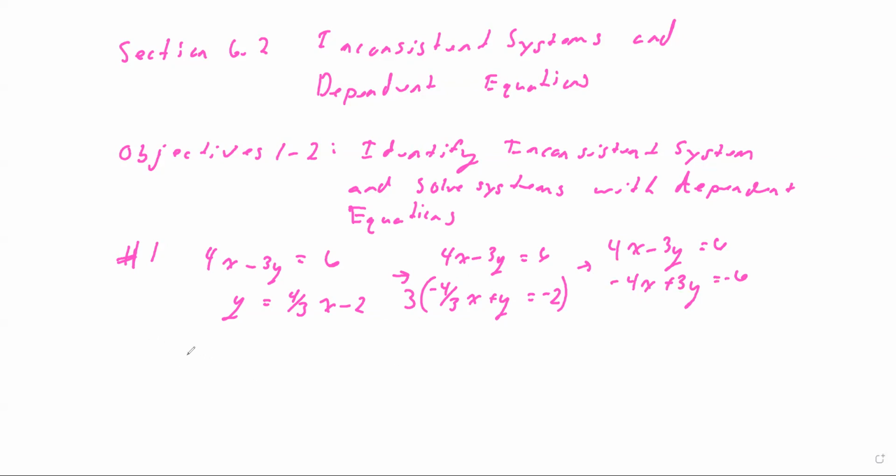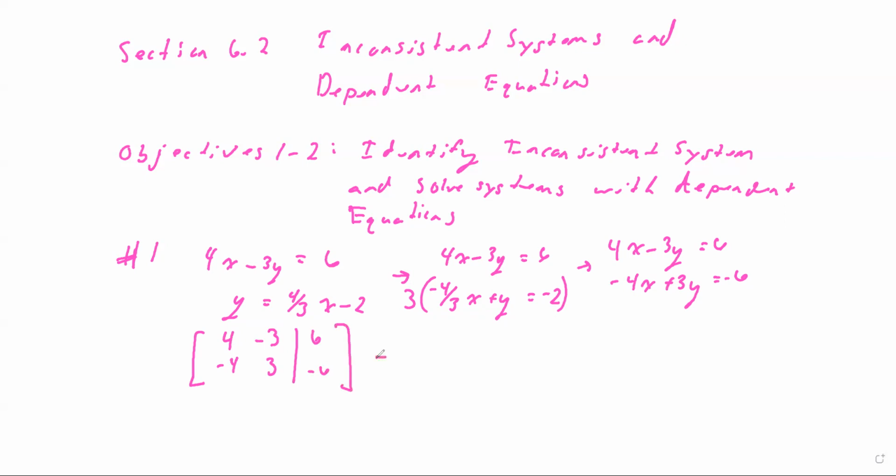Because I want us to use Gaussian elimination or Gauss-Jordan elimination, I'm going to turn this into an augmented matrix. That gives me 4, negative 4, negative 3, 3, 6, and negative 6.